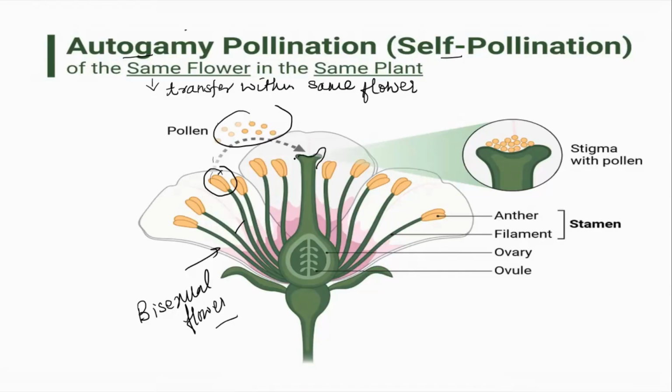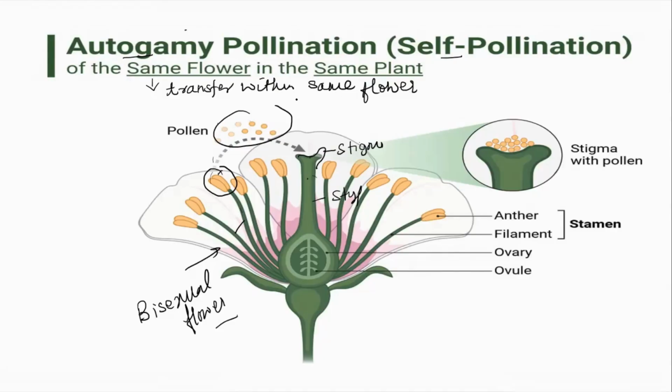This is the stigma, the female part, of the same flower. This is part of a carpel. A carpel has stigma, style, and ovary. So transfer of pollen grains from the anther of a flower to the stigma of the same flower on the same plant is known as self-pollination.